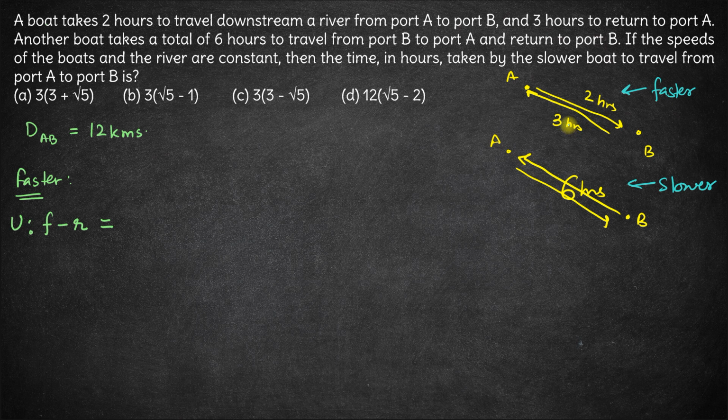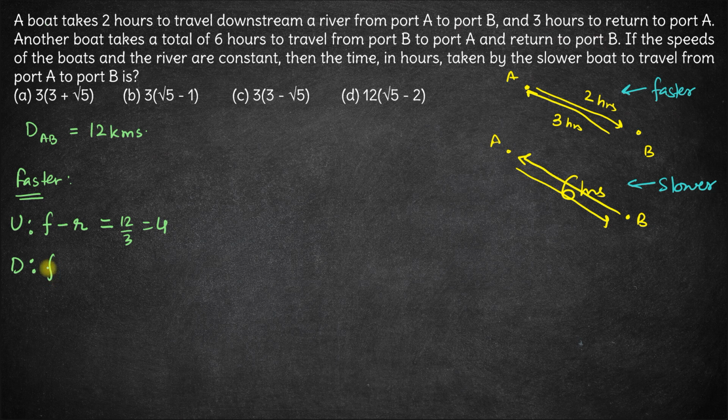So the upstream speed should be 12 by 3, which is 4. So F minus R is 4. So when the boat is trying to go from B to A, the upstream speed will be the speed of the boat itself minus the speed of the river, which should come out to be 4 kilometers per hour. Distance of 12 is covered in 3 hours, so speed is 4 kilometers per hour.